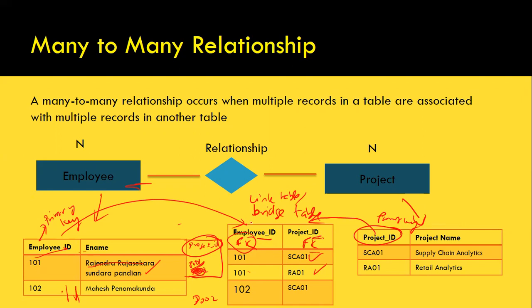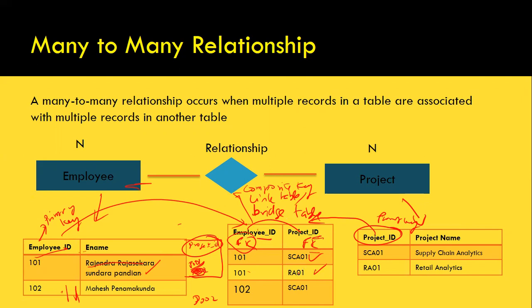But here, employee ID and project ID form a composite primary key, or we call it a composite key. For employee ID 101, SCA01 should be there, but the same 101 SCA01 should not come here. That's the rule.